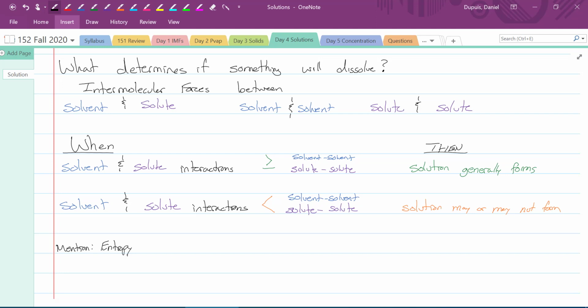So we have 20 lectures from now. Well, 18 because there's 2 tests in there. And so entropy comes in, and this is the second law of thermodynamics. But just so you know, that's the overall driving force.